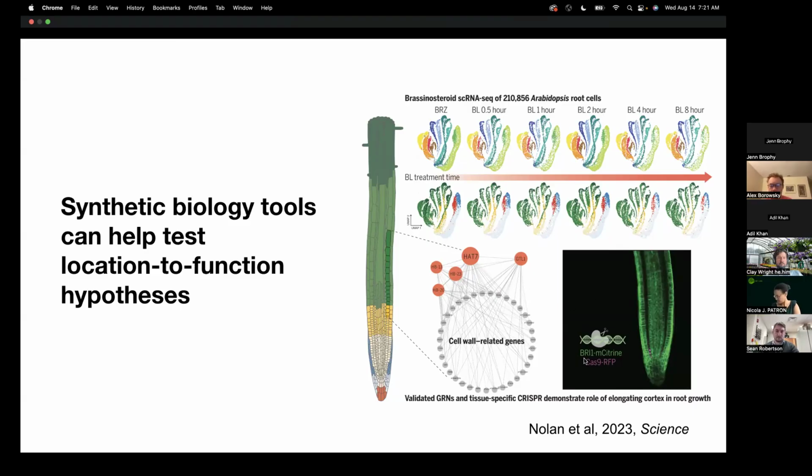So he used a cell type specific CRISPR approach to knock out a brassinosteroid signaling molecule, which is really constitutively expressed, but he knocked it out very specifically in the cortex to show that the cortex response was indeed important for the phenotype.